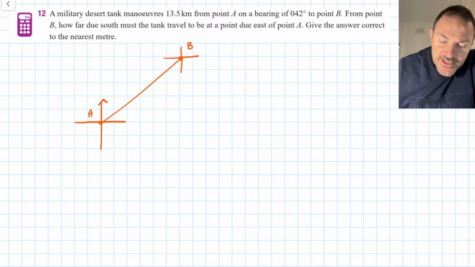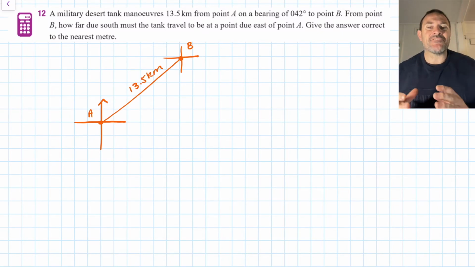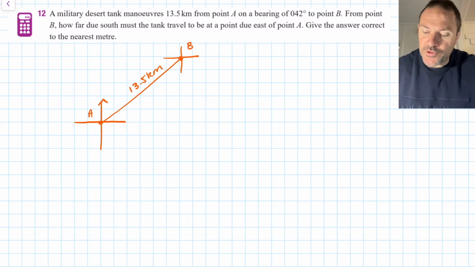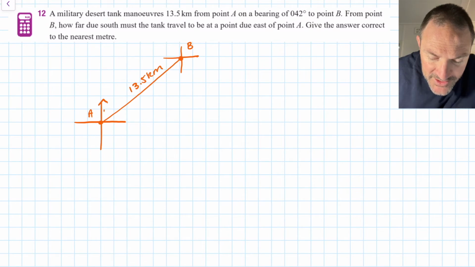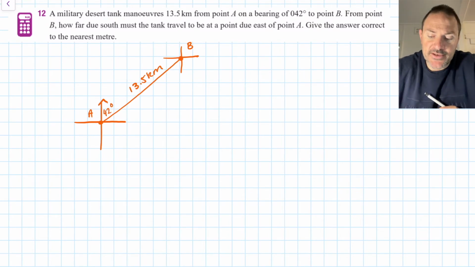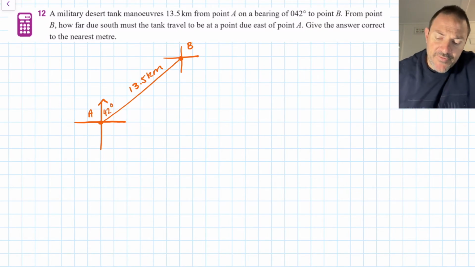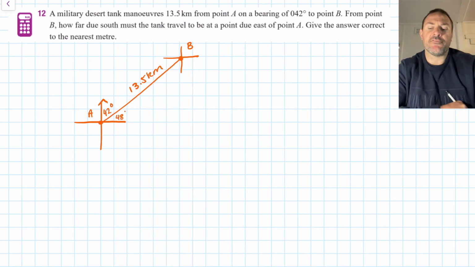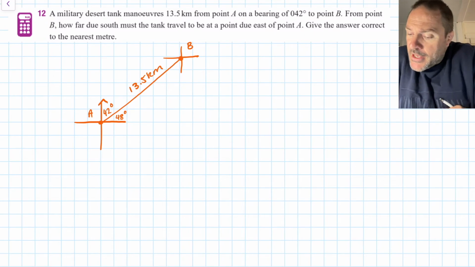That's 13.5 kilometers. It doesn't have to be to scale either. As long as you put your 42 degrees inside here, that's all that matters. If that's 42, well, this will make this 48 degrees. I always put as much information as I possibly can in.